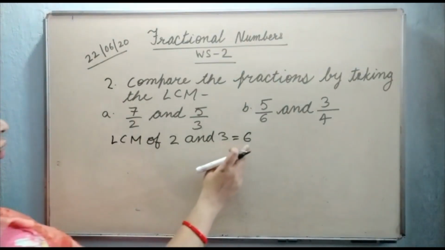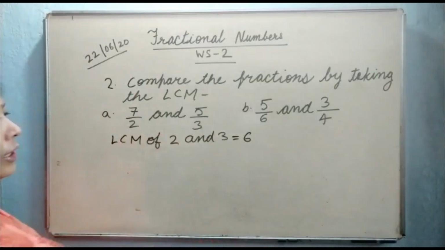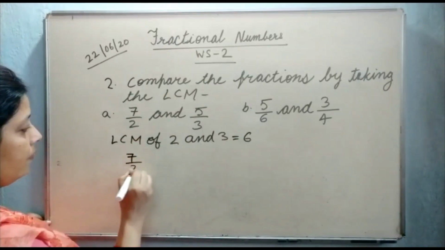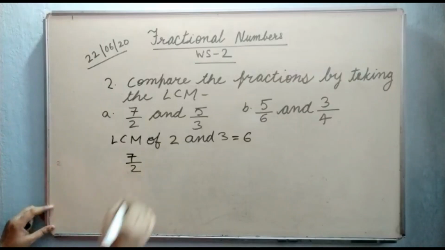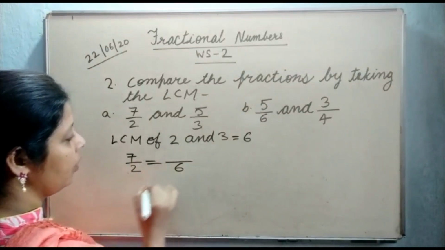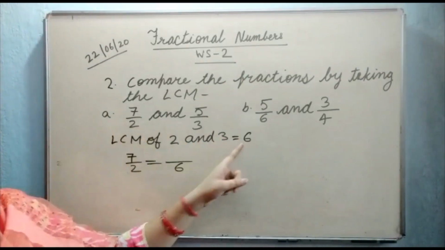Now what we do, we make an equivalent fraction of 7 by 2 with the same denominator 6. So let us write the first fraction 7 by 2 and find its equivalent fraction which will have 6 as the denominator. We know we have to make its denominator equal to 6.